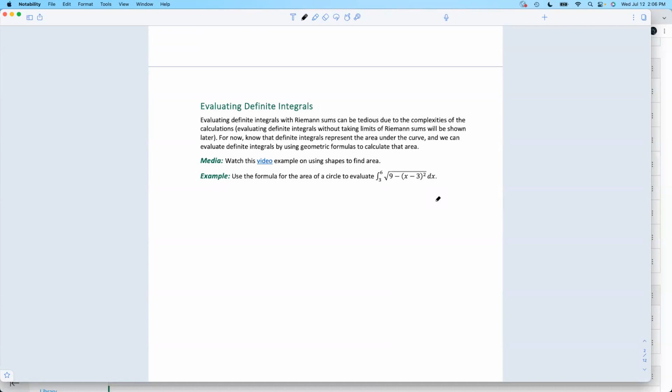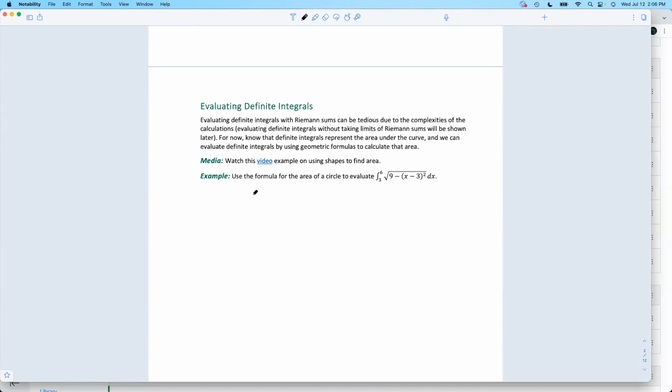We'll learn next time, once we learn the fundamental theorem of calculus, how to use antiderivatives and the indefinite integral to evaluate these definite integrals. For now, we're just thinking about areas. And we're just going to use geometry because all the shapes we have today are areas we know the formula for.